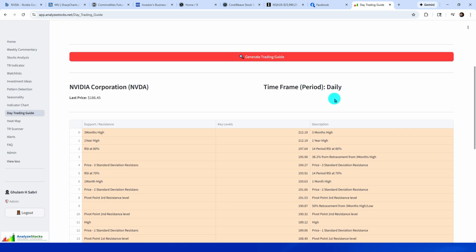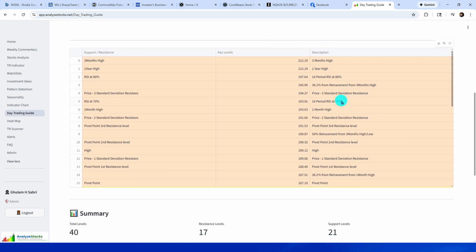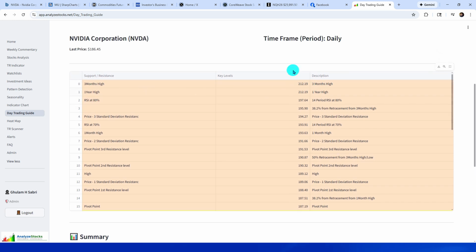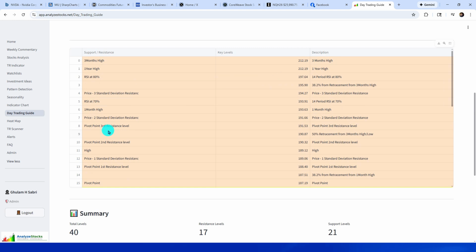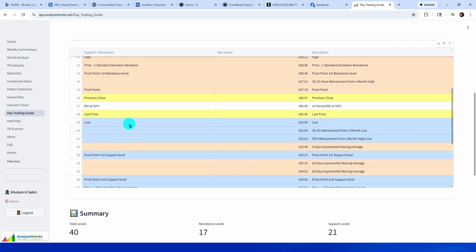For this particular stock, it gives you the levels based on the current price. The current price is right here, and then it tells us the 3 months high. These are the key levels and pivot points, high, low. So this is the last price, which was the close.